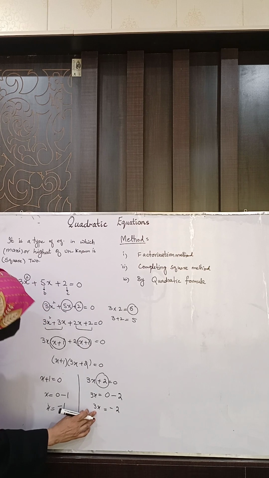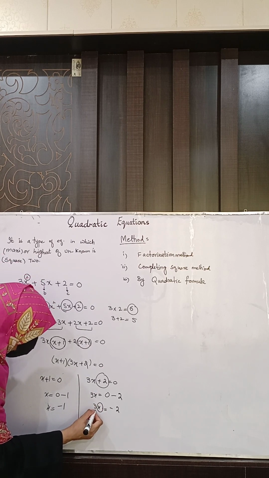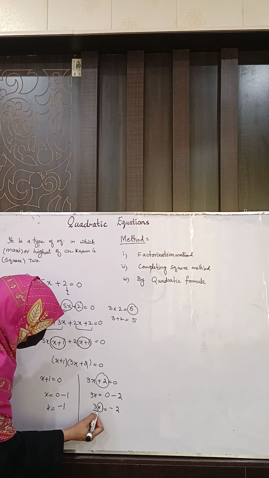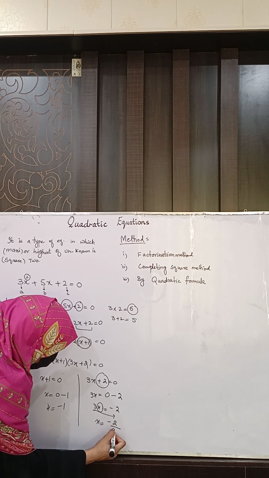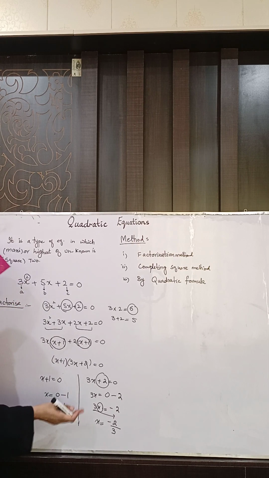Now you can see we are solving it for x. So the 3 should be eliminated from here as it is multiplied by x. When we change the side, it goes into the denominator on the other side. So we have the second root, x is equal to minus 2 by 3.